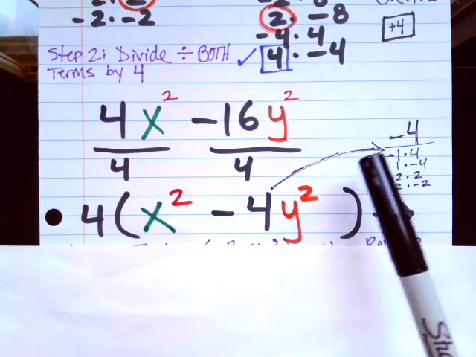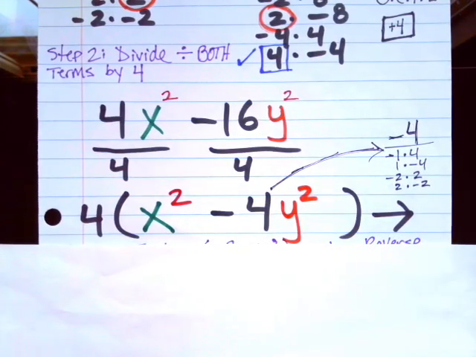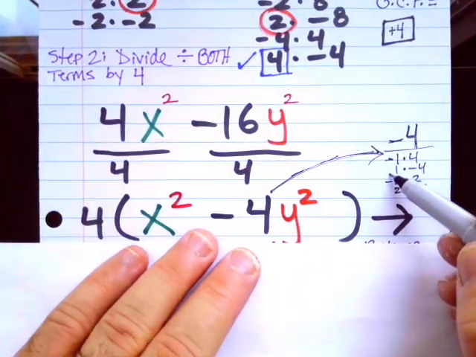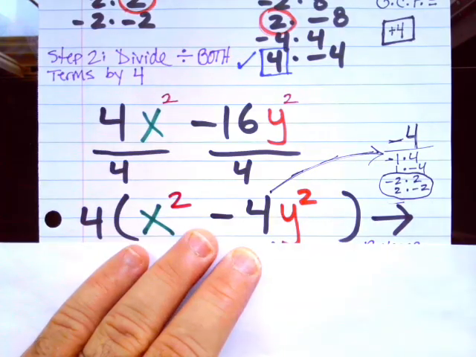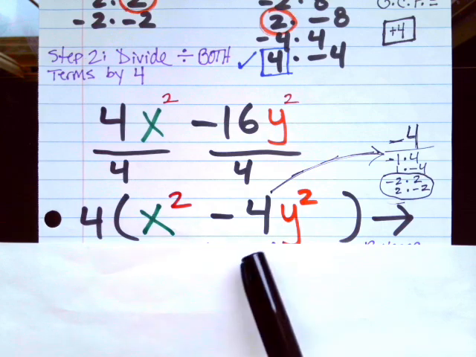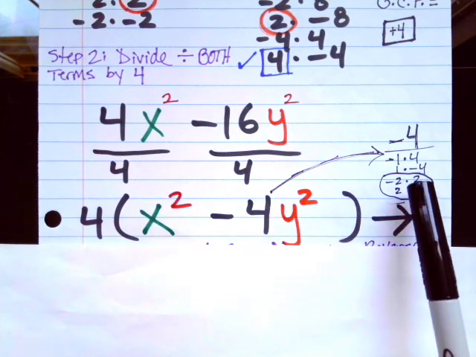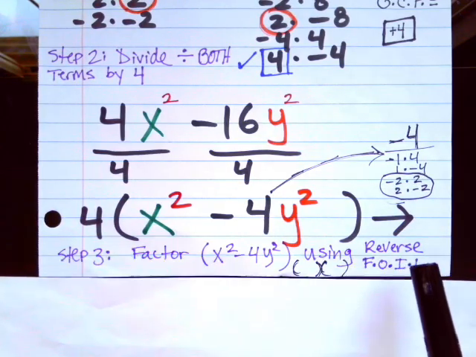And as you can see here, this is another factor tree of -4. And I have these two numbers here. A -2 and a +2 will multiply to a -4, but they'll add up to be 0, right? So these two numbers will go inside the parentheses.